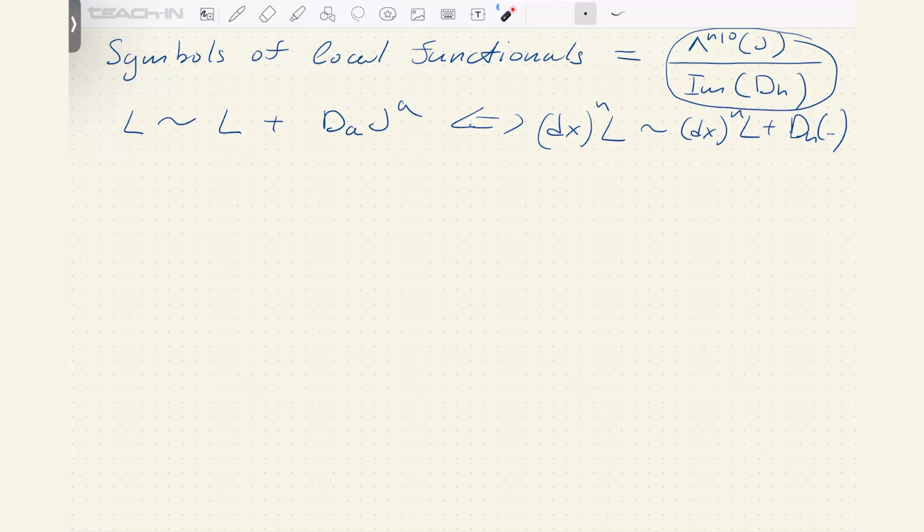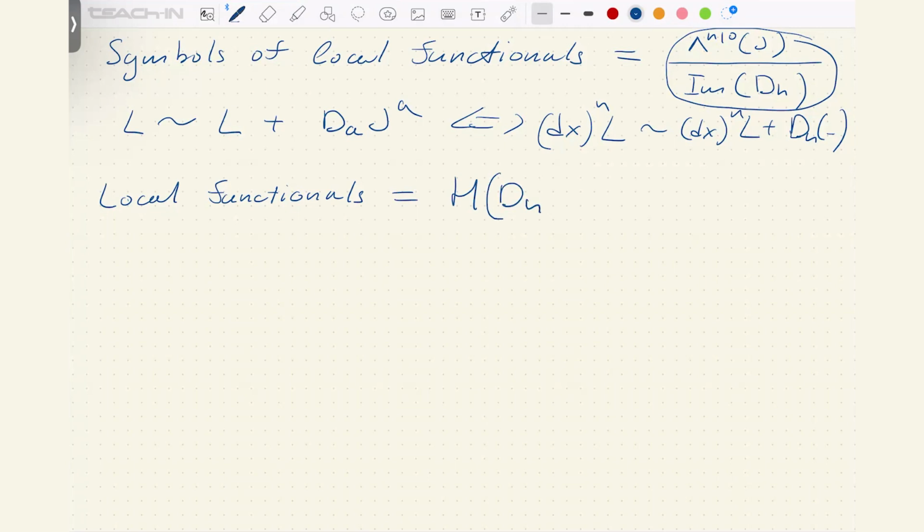So alternatively, we can say that these local functionals are the cohomology group of dH in the space of local forms, in the top degree of our jet space, right?